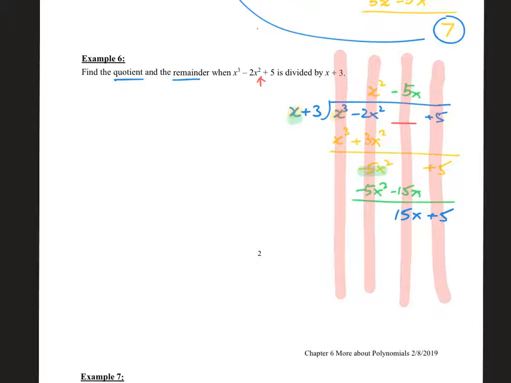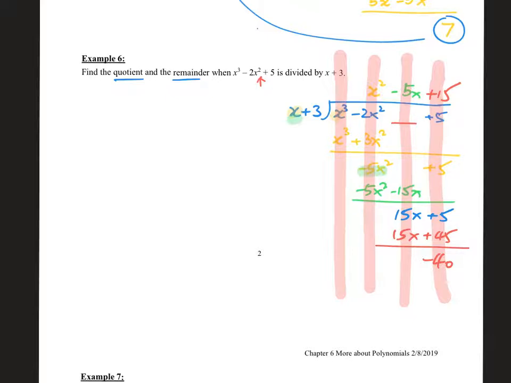Finally, we are going to cancel the 15x and x, so we multiply by plus 15, which gives you 15x plus 45, and finally, after subtraction, you've got minus 40. Is it very weird to you? Because you don't expect that a remainder can be negative. But indeed, when you're doing division of polynomials, it happens quite often.